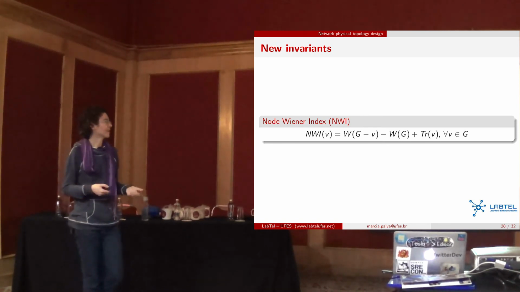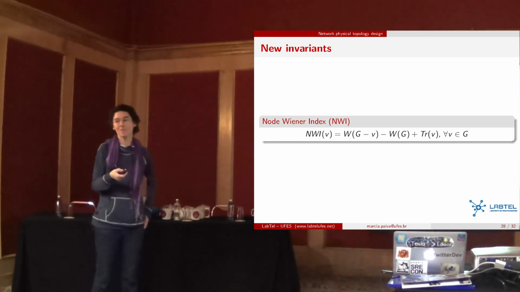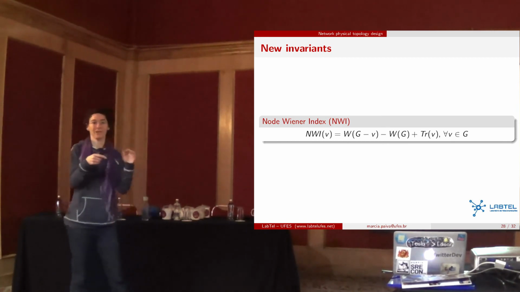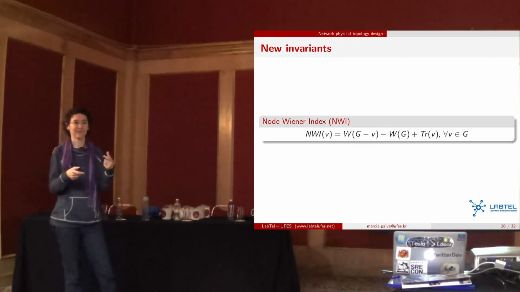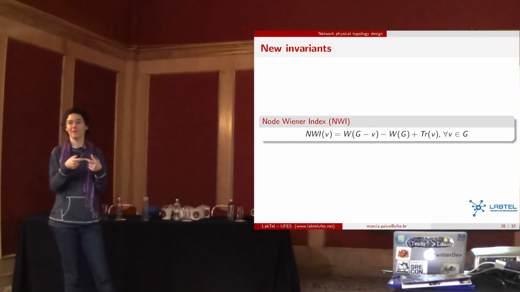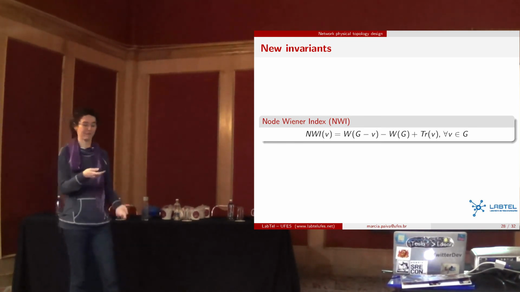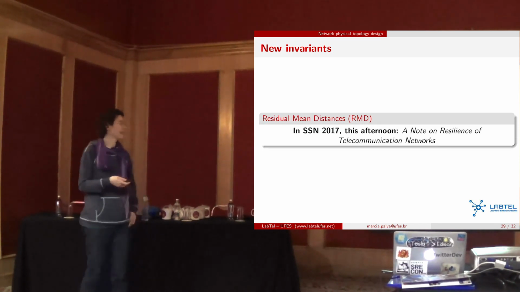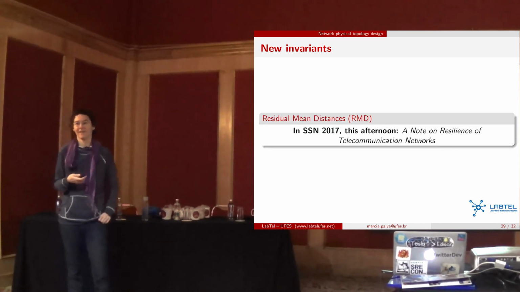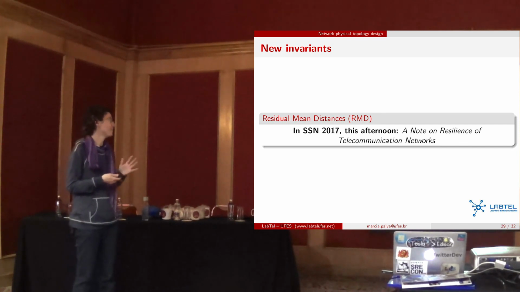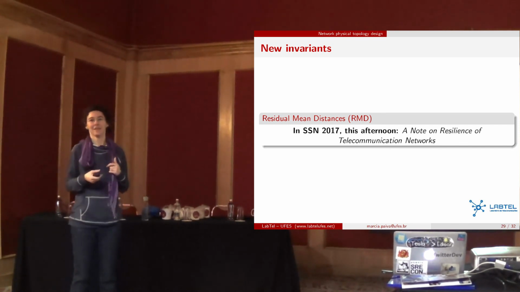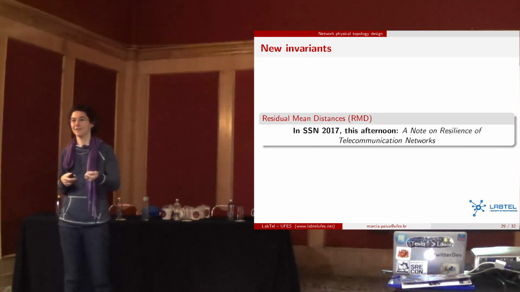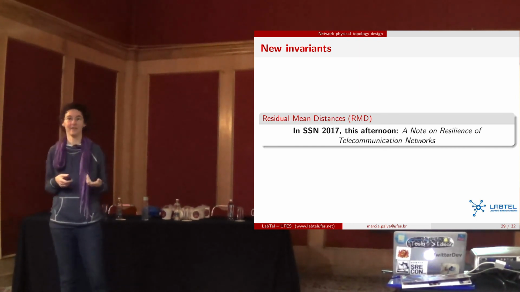Or if you need other functions, it is also possible to build a function that represents your invariant. So we did the same for the residual mean distance, which has more or less the same idea of removing a node or a link and computing some invariant before and after that failure.